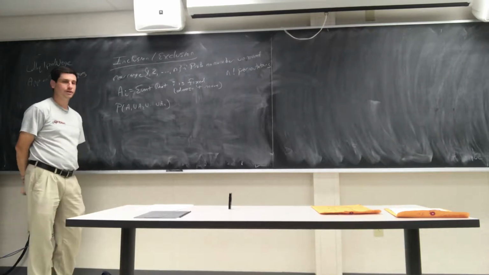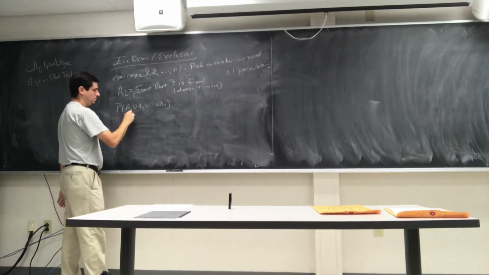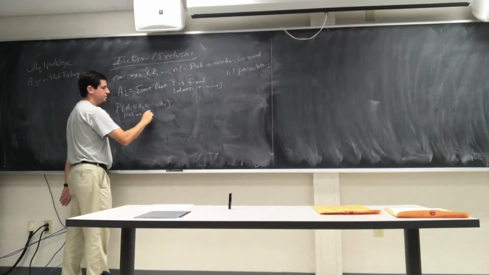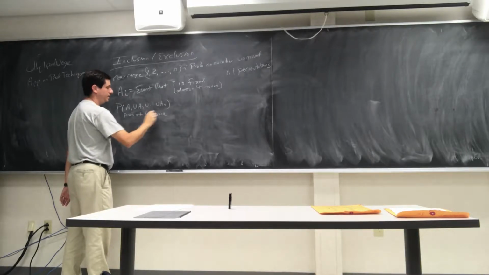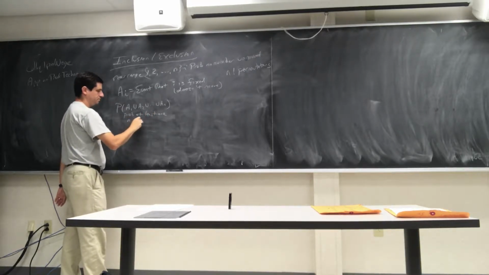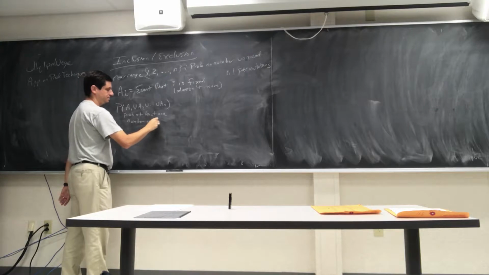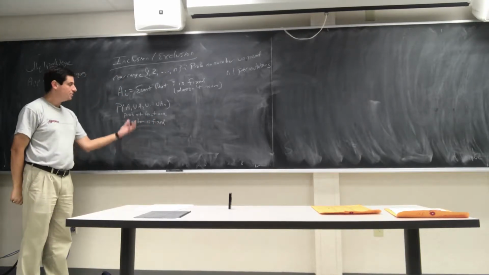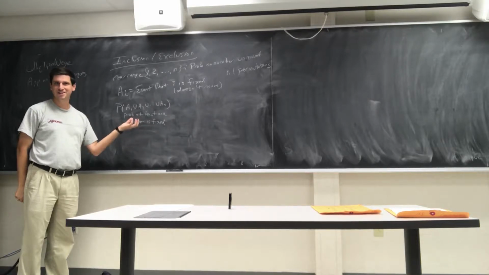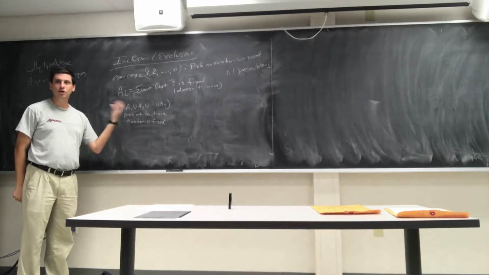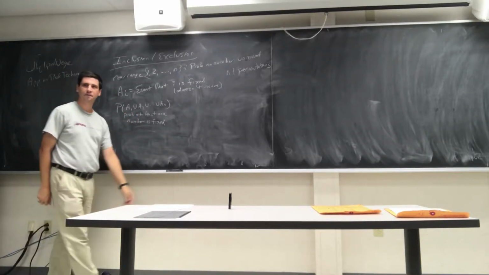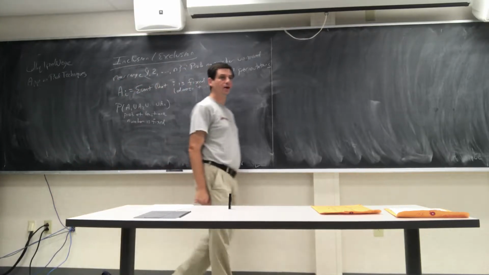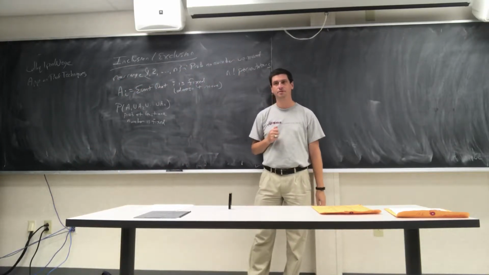This would be the probability that at least one number is fixed. And if we can calculate the probability that at least one number is fixed, then the probability that no number is fixed is just 1 minus that. So we want to calculate the probability of this union.